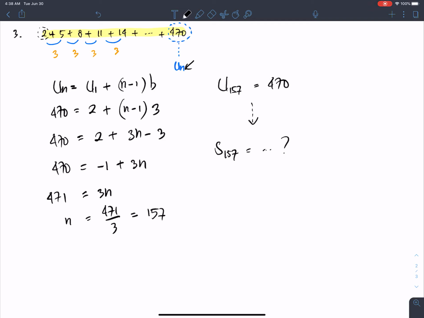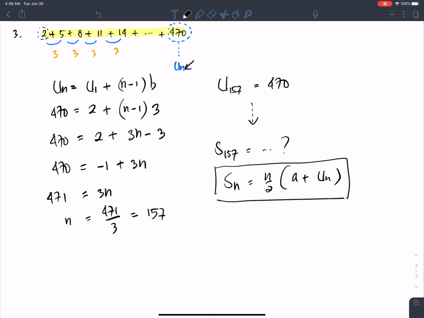Remember, the formula for Sn is n over 2 times a plus un. This is the short formula, because we already know the un, so we use this formula. Unless we do not know the un, then we use the other formula, which is Sn equals n over 2 times 2a plus n minus 1 times b.